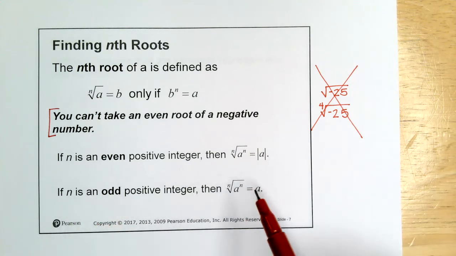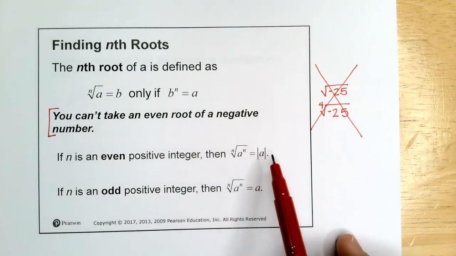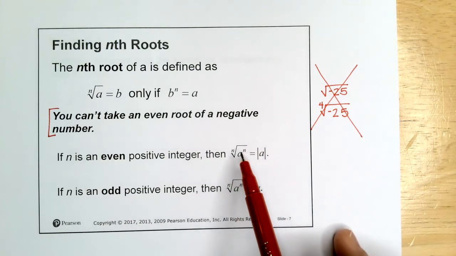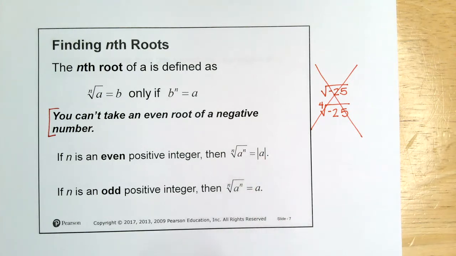If n is odd, it doesn't matter. It can be positive or negative, but remember, you can't take an even root of a negative number, so this number, when you solve, can never be negative. That's why an absolute value bar will ensure you never get a negative.